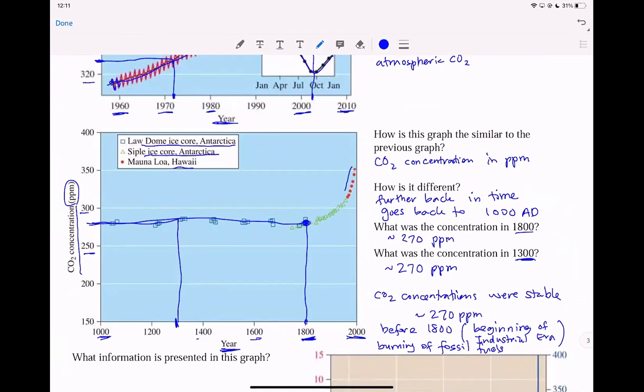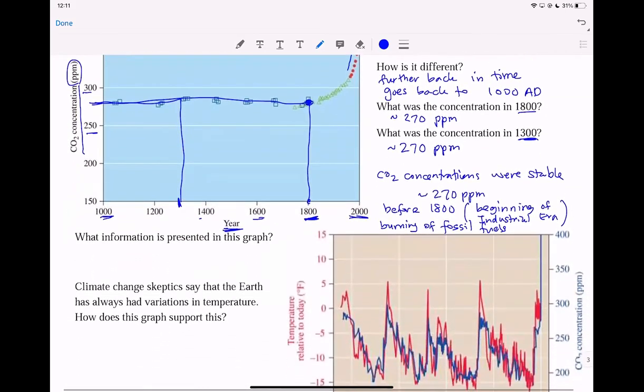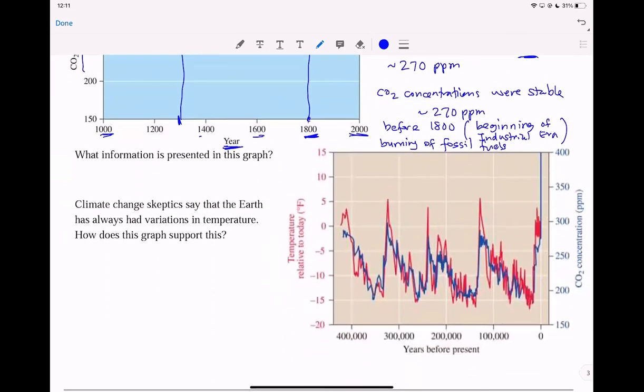And it's true that Earth has fluctuated in the amounts of carbon dioxide because of ice ages. We know there's proof that the Earth has been warmer, the Earth has been colder, there's been more carbon dioxide, there's been less carbon dioxide because of volcanism or volcanic eruptions. Carbon dioxide and temperatures have varied throughout the years. And so that's what this next graph is all about.